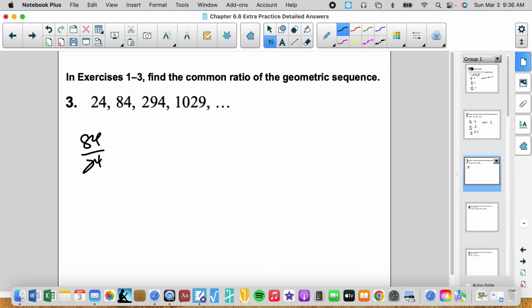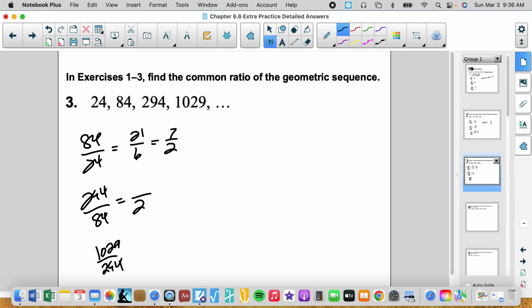84 over 24, 294 over 84, 1029 over 294. I'm going to deal with the little ones first. 4 goes into 84 21 times, 4 goes into 24 6 times, 3 goes into 21 7 times, so 7/2 looks like my number.